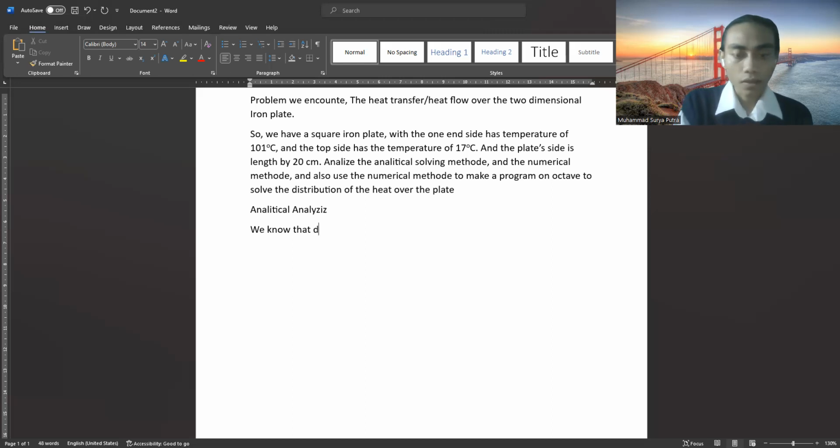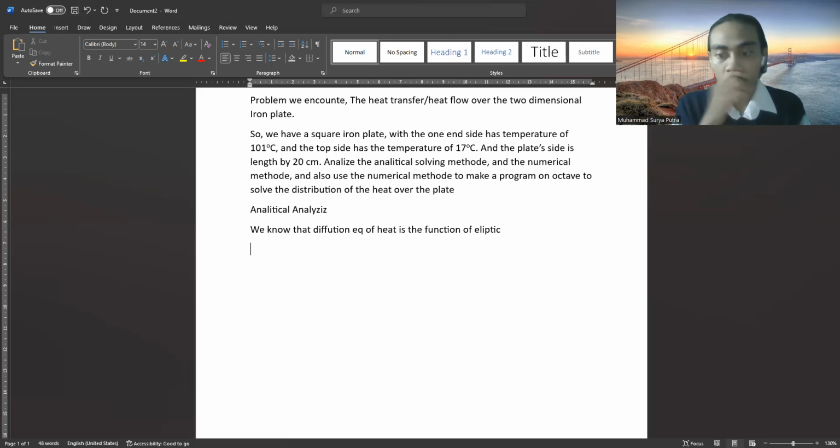The diffusion equation of heat is an elliptic function. Because what? This is two-dimensional.